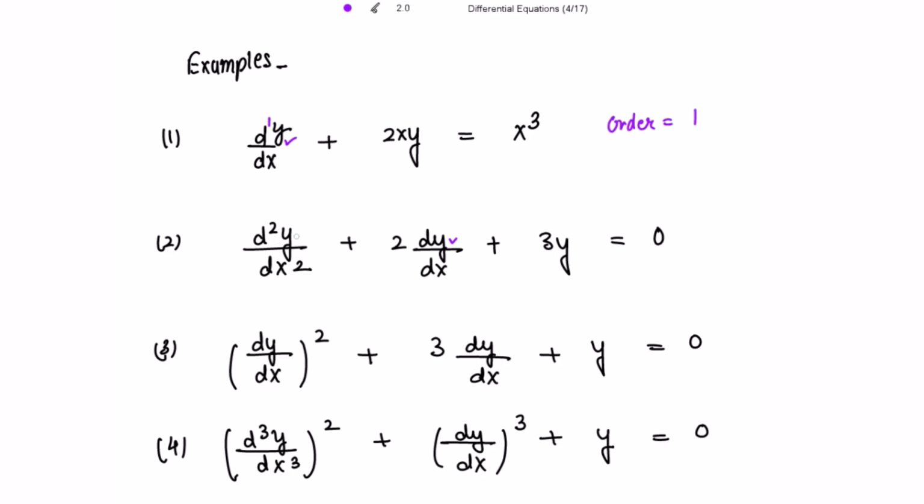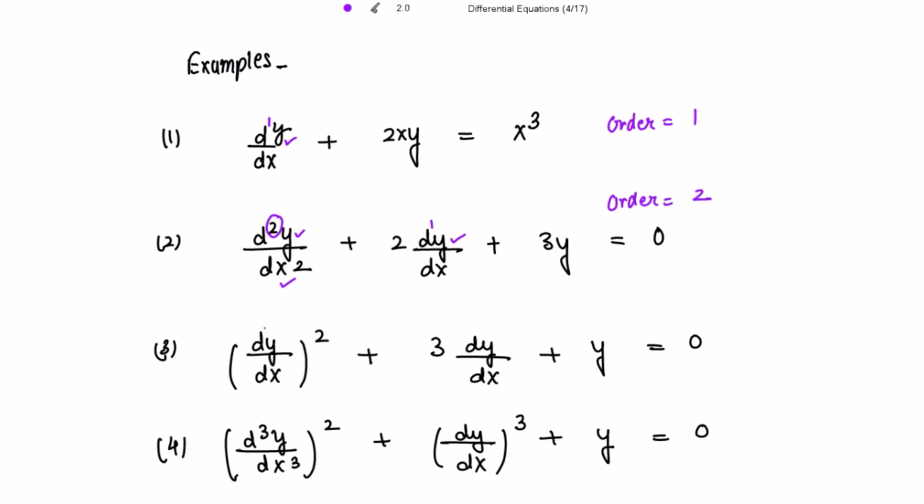Here y is differentiated twice with respect to x, so it is of order 2. In the second term, y is differentiated only one time. So 2 is the highest order to which y is differentiated, and the order of this differential equation is 2.